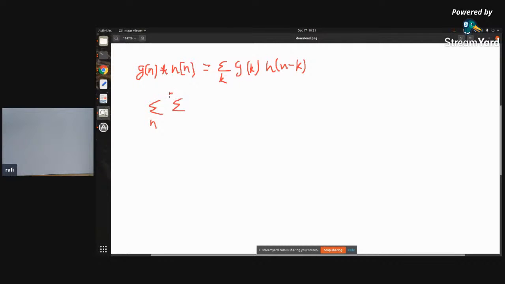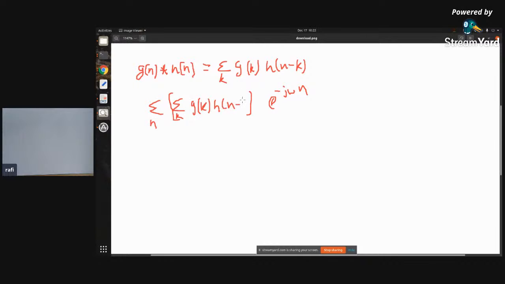So this is g of n convolved with h of n, and e power minus j omega n gives the DTFT of the convolved result, some y of n or whatever it is. Here I am substituting the convolution formula: summation over k of g of k h of n minus k.